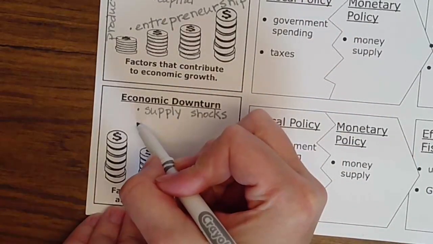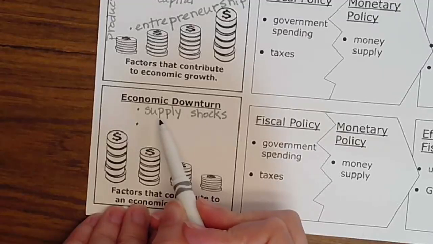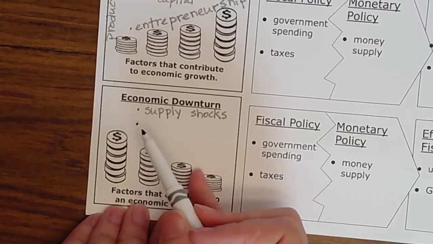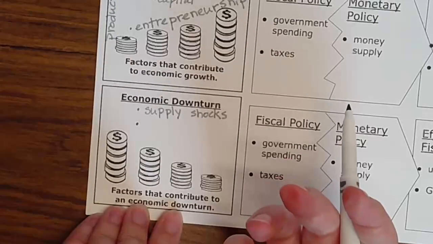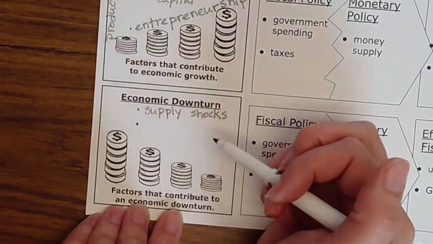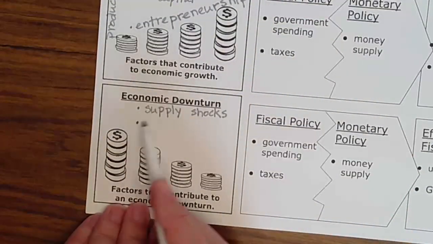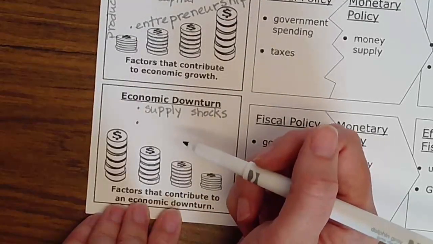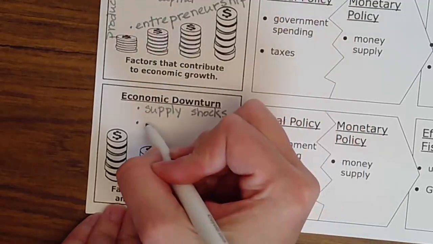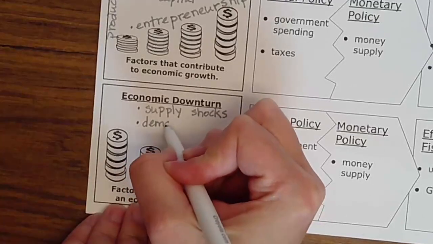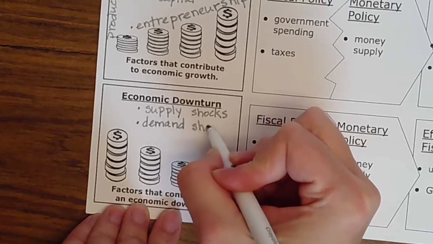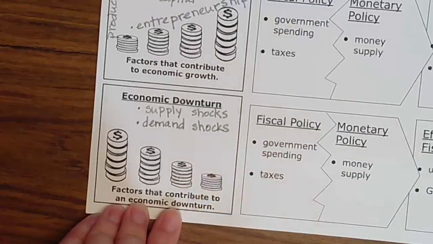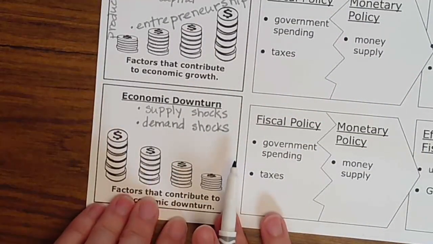For example, a supply shock in my mind was during the pandemic. All of a sudden, people couldn't get lumber. And so lumber became very expensive. There was a downturn because of not being able to get the supply that people needed for things, especially for building projects. Demand shocks. There's all of a sudden a huge demand for something that can't be produced, that might also create an economic downturn.